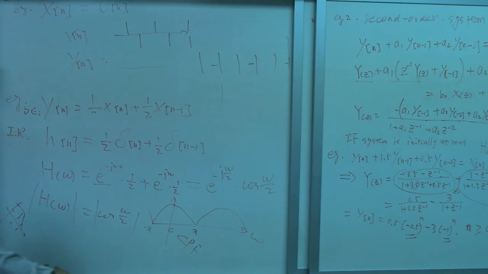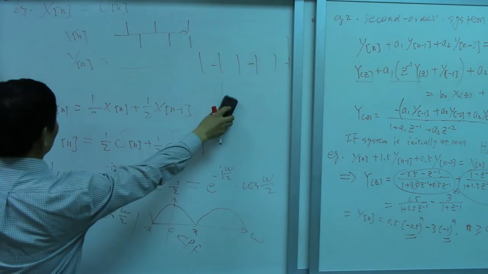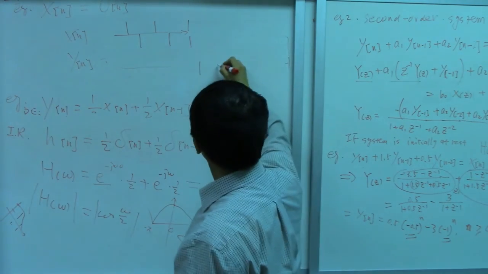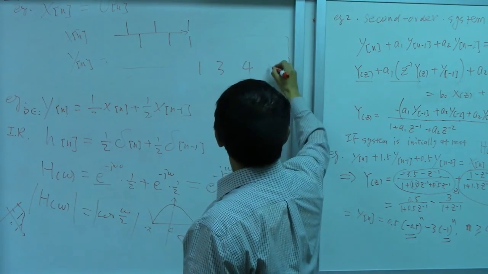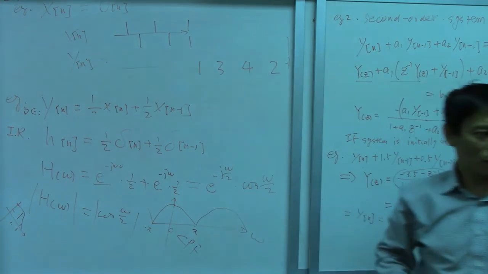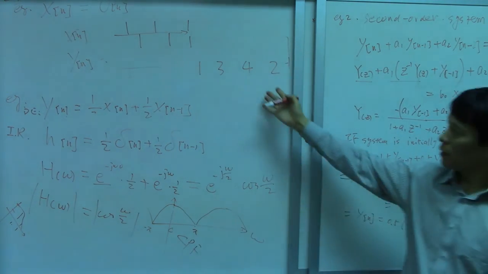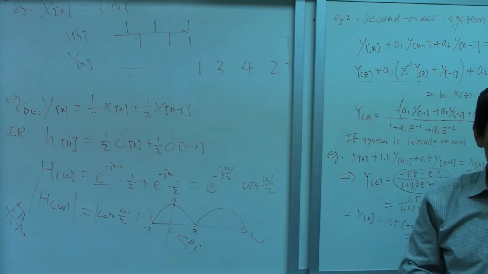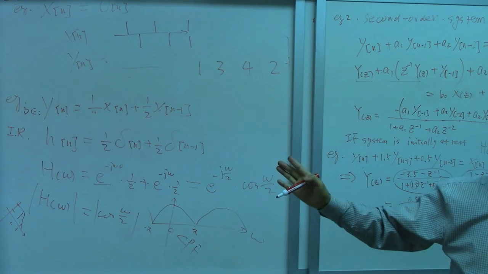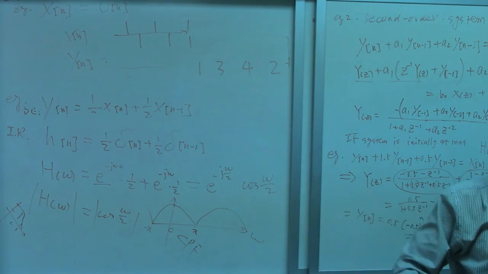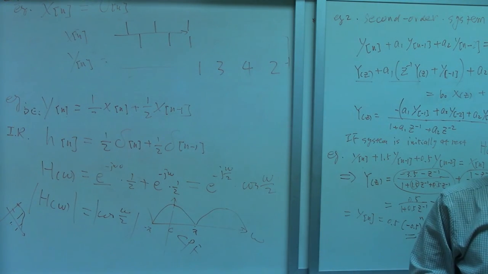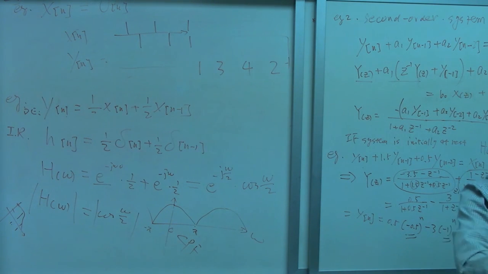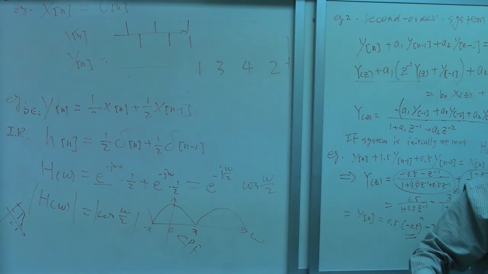Okay, suppose I give you a bunch of numbers, 1, 3, 4, 2, or something like this. These numbers are distorted, meaning we added some noise inside. The noise is a DC, it's shifted by a DC. I want you to remove the unwanted DC noise.